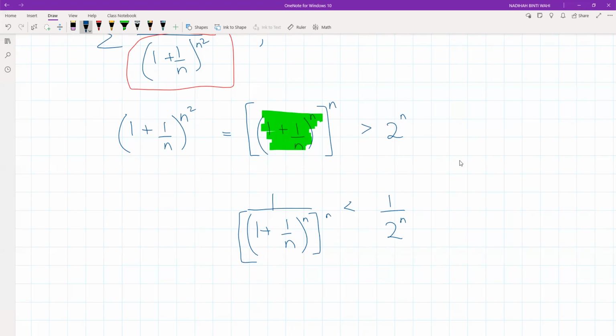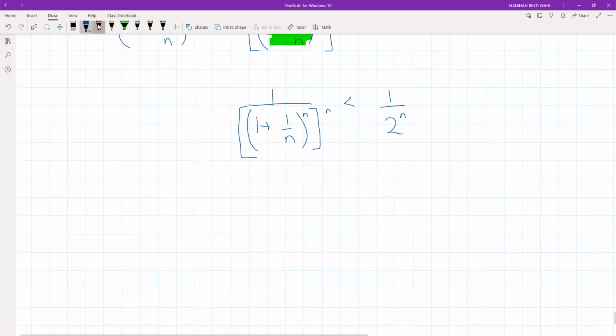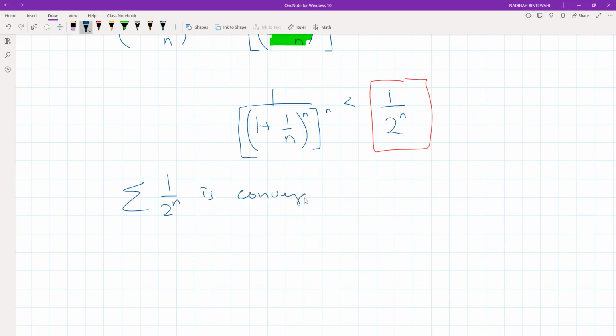Okay, so what can you say about this? Same thing, you can see that this is a geometric series. This is a convergent geometric series. The summation of 1 over 2 to the n is a convergent geometric series.